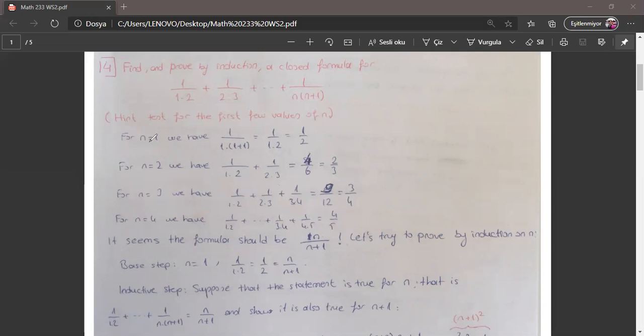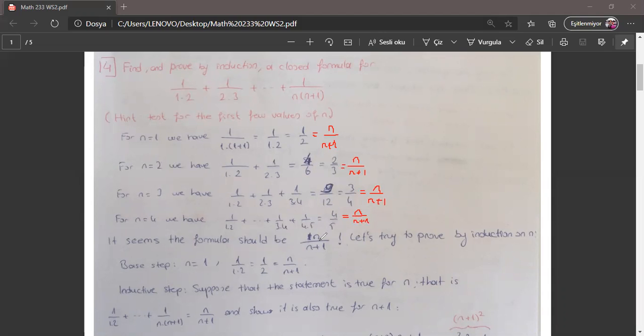So you see, when we have 1, we had n over n plus 1. When n equals 2, we have 2 over 2 plus 1, which is 3. Each time we get n over n plus 1.